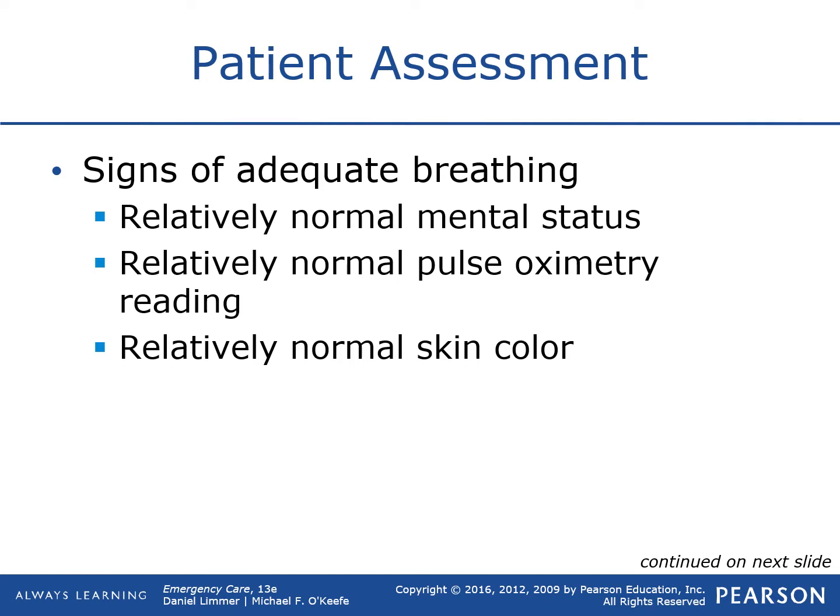So you can have someone who is very hypoxic who happens to be in an area of carbon monoxide poisoning, and your pulse oximetry is going to be reading 100% because it's reading that all your hemoglobin are filled, but all your hemoglobin are being filled with carbon monoxide, not oxygen.